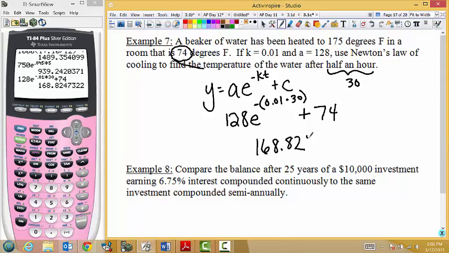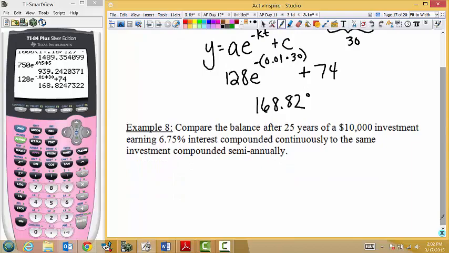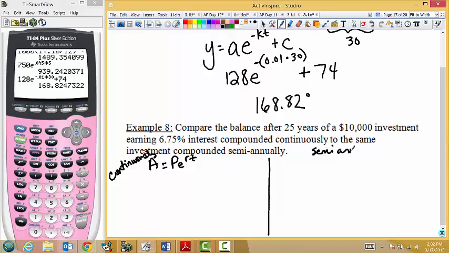No. Degrees. And then it says compare the balance after 25 years of a $10,000 investment earning 6.75% interest compounded semi-annually and continuously. Continuously is going to be over here. Semi-annually is going to be over here, A equals P times 1 plus R over N to the NT. P is 10,000. That's the amount you invest initially.